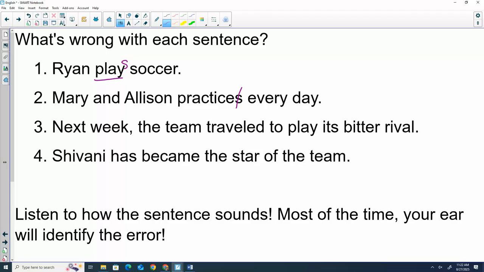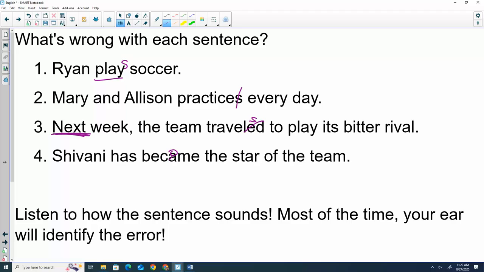Okay, what about the third one? Right, because it tells us next week. That means it's future tense. It hasn't happened yet. So it needs to be travels. Right. What about this one? Became should be become.